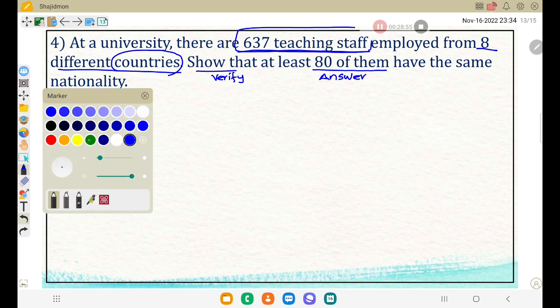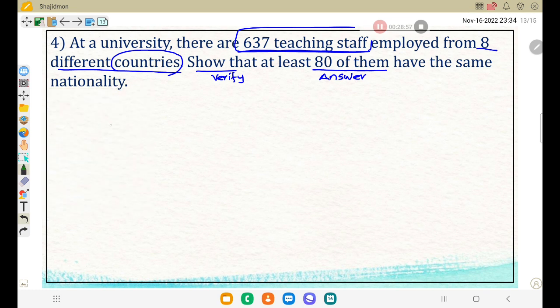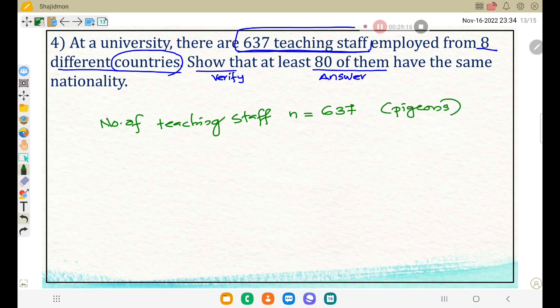That is the question. So what is the pigeon here? Pigeon means the number of teaching staff, correct? So n equals 637. This is the number of pigeons. Now what is the pigeonhole here?